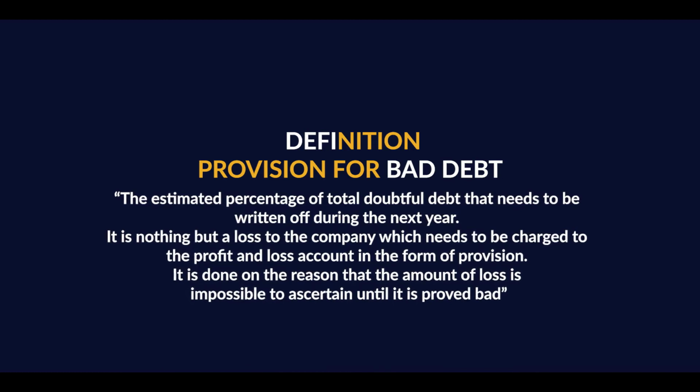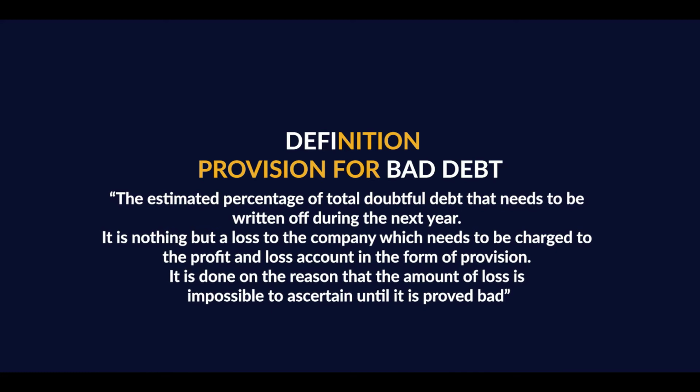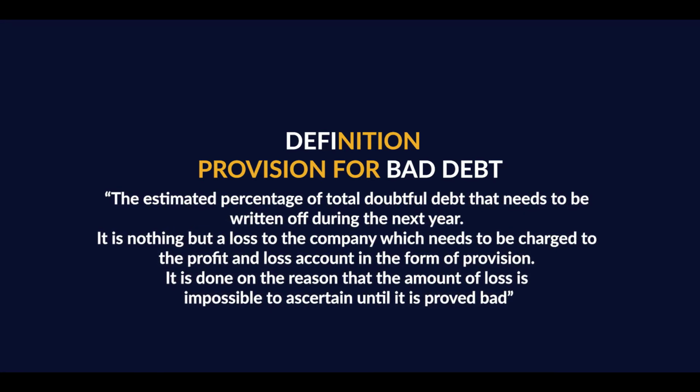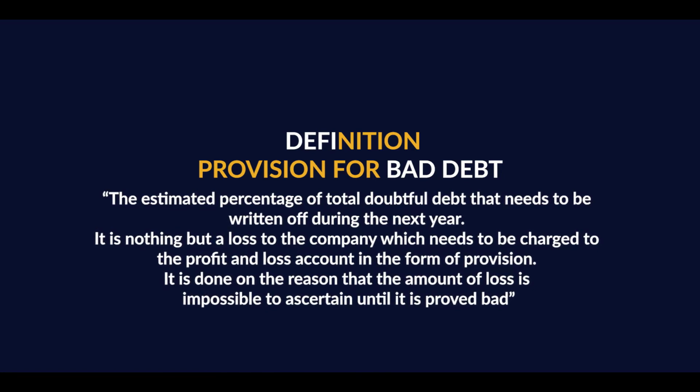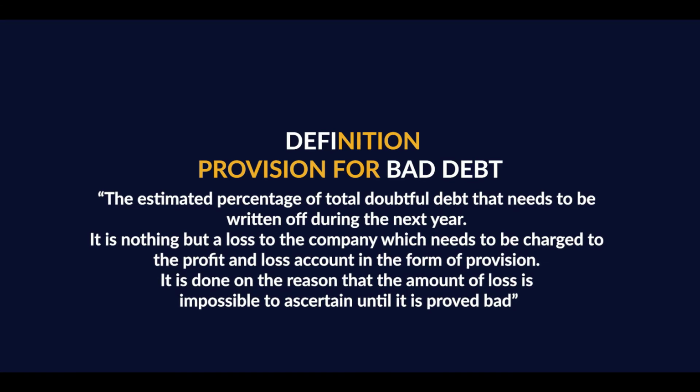It is done on the reason that an amount of loss is impossible to ascertain until it's proven as bad. Okay, so once it's proven as bad, then you can make the adjustment accordingly. But this is more of a cat and mouse situation, because we do not know what the future holds, but we're preparing for the possibility that this debt will go bad. So that's the main idea here.